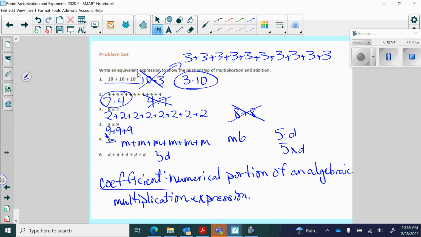No. These are not appropriate ways to write it. This would be at least acceptable, but when I am multiplying a number and a variable, I just write them side by side. That tells me I'm multiplying. Make sense? You guys understand this exercise we just went through? Because this is going to become very important when we do exponents next class.